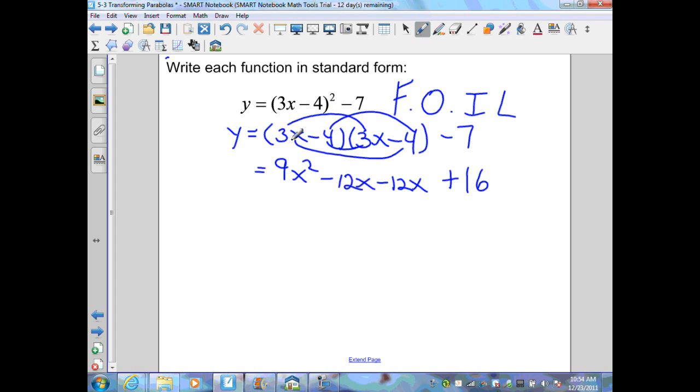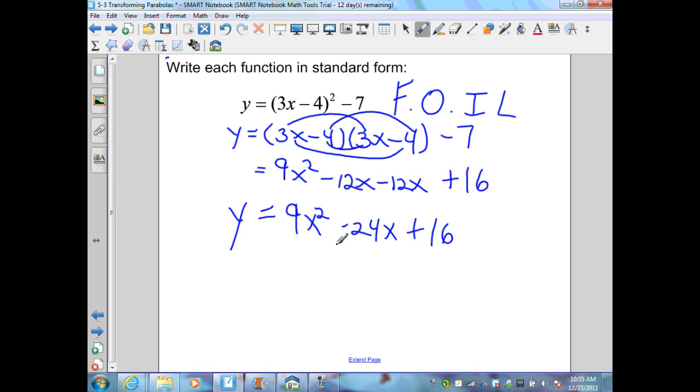So FOIL really means distribute the first term through the second set of parentheses, distribute the second term through the second set of parentheses. Now, all I need to do is to simplify 9x squared, negative 12x minus 12x, they're like terms, minus 24x, plus 16. And this is our quadratic function in standard form.